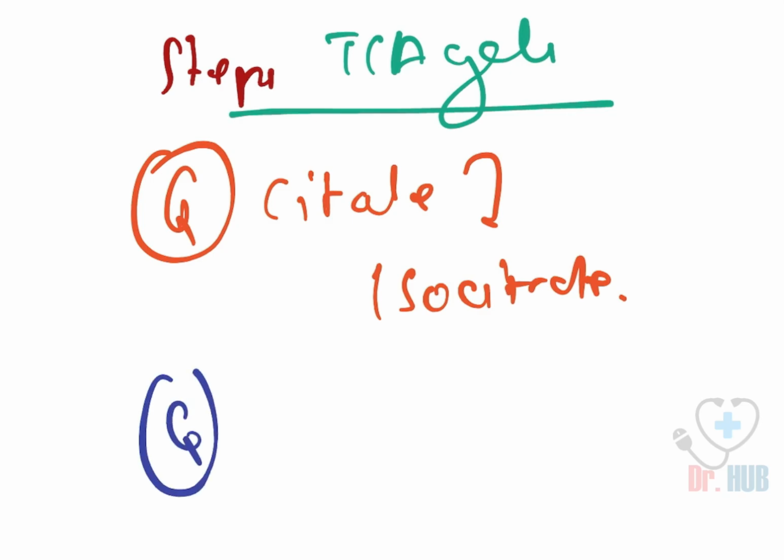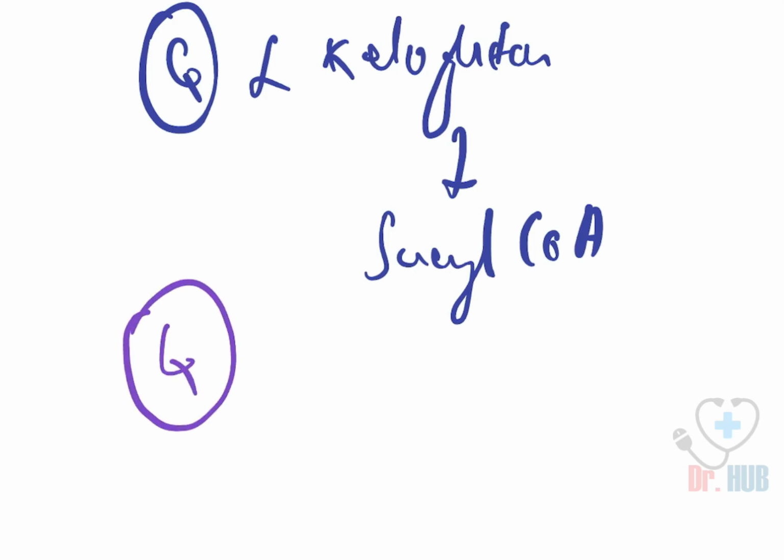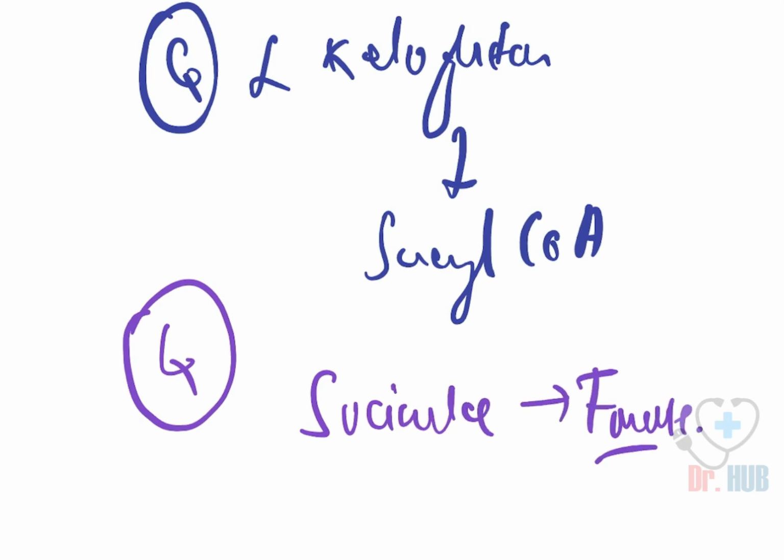Next, what happens during the conversion of alpha-ketoglutarate to succinyl CoA? Next, explain the step in the succinate to fumarate conversion. We look at all the answers in this video and learn a lot more.